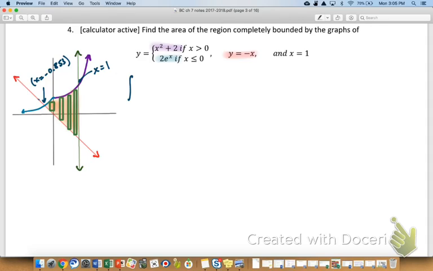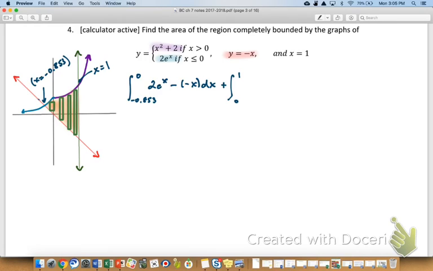Okay, so you said two separate integrals. Yeah, it doesn't change a whole lot. It just changes one of the bounds. It's the same integrals though. I just did from negative 0.853 to 0 of 2e^x minus negative x dx, plus from 0 to 1, you mean?